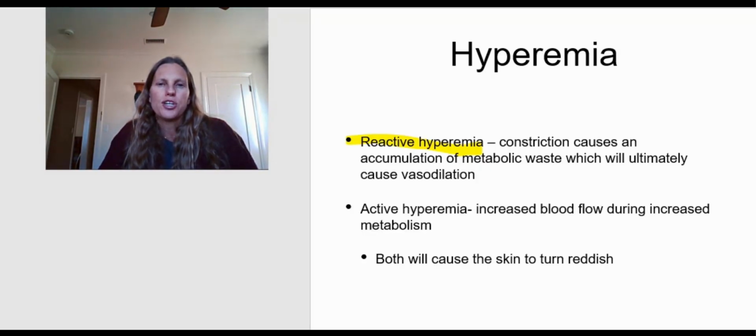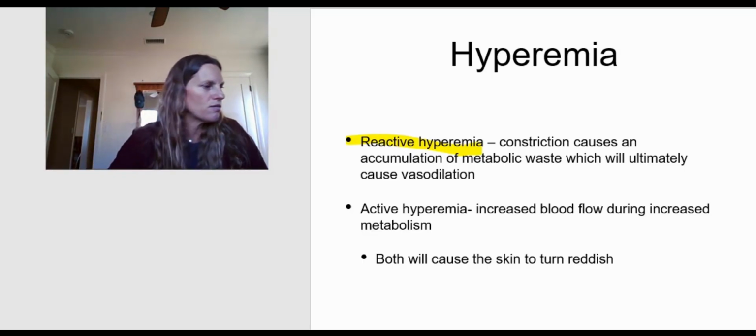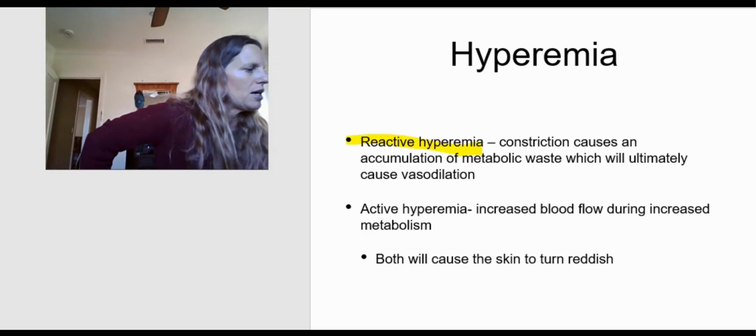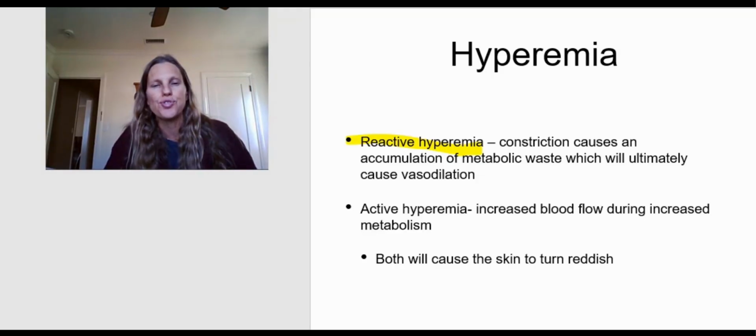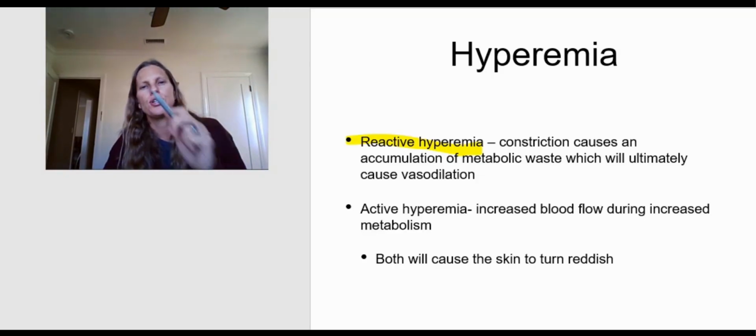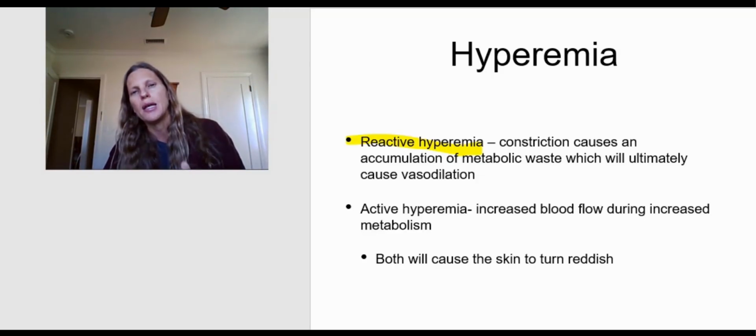So whether it's reddish because we've constricted the vessels, which is causing this accumulation of waste, and sometimes that will happen. Again, reactive hyperemia is a little bit confusing. You have to remember, we're always shunting blood. You only have so much, and so we have to move it where we need it.